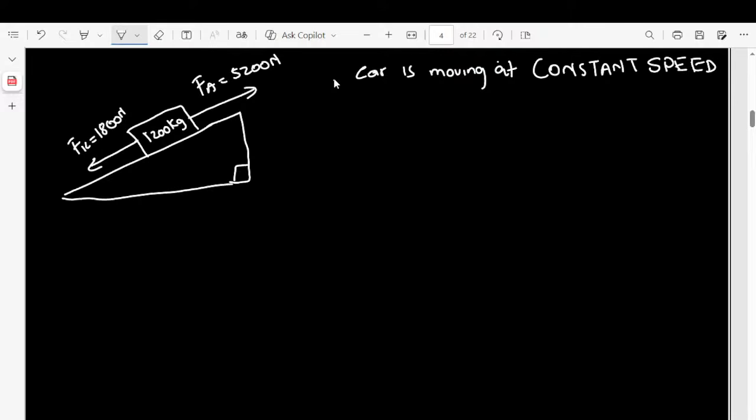So when we calculate vertical forces, we just say F net is equal to 0. They have an acceleration of 0. Please always remember that.